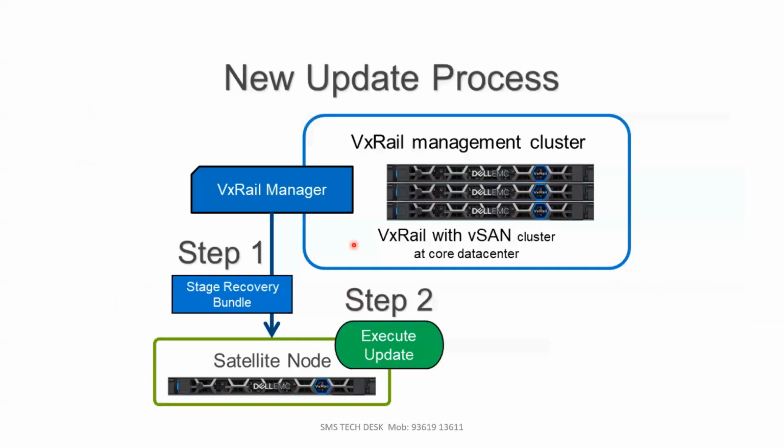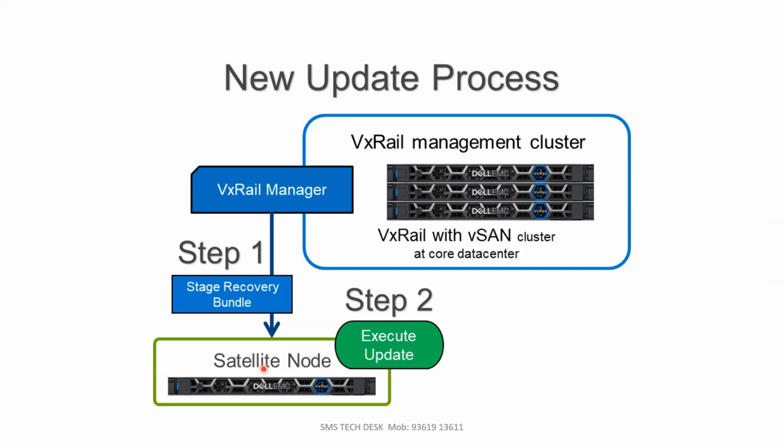And this is the process of executing updates and patches for the satellite node from the headquarters. VxRail Manager will communicate with this satellite node and push the recovery bundle or update bundle to it. From there, we can execute the updates to update the host with the patches released by Dell EMC.